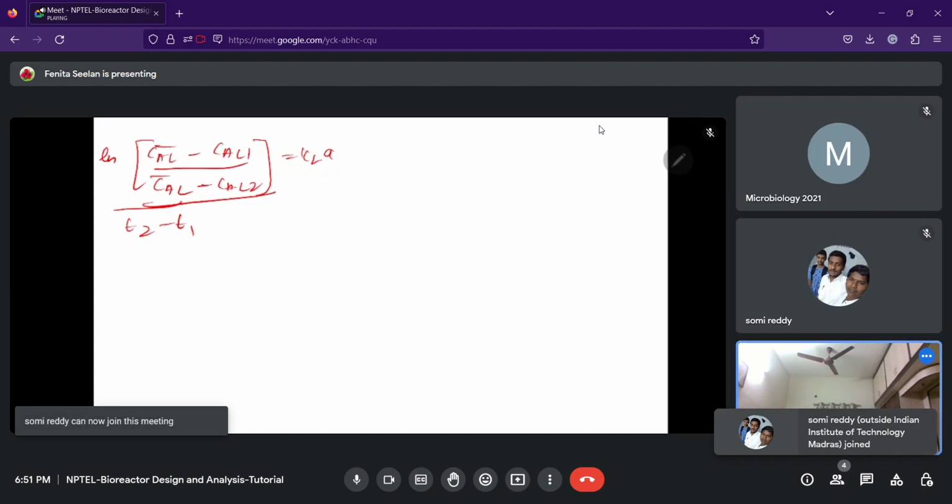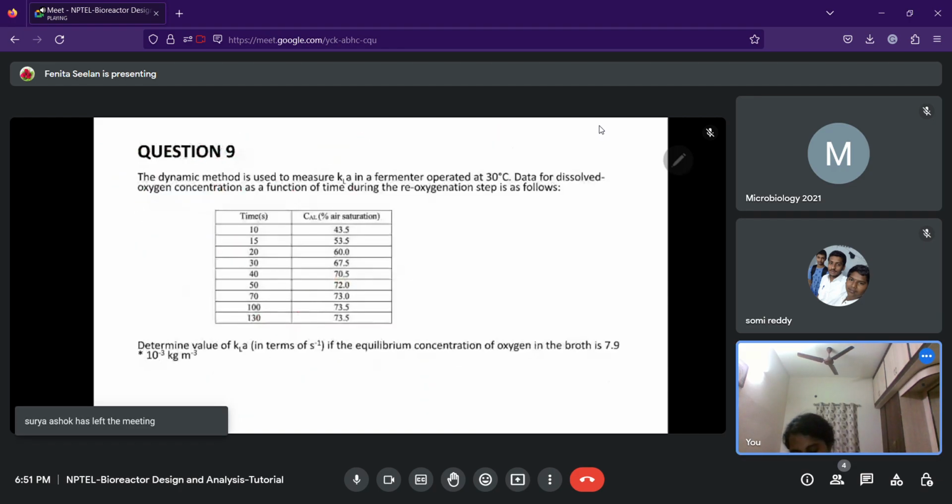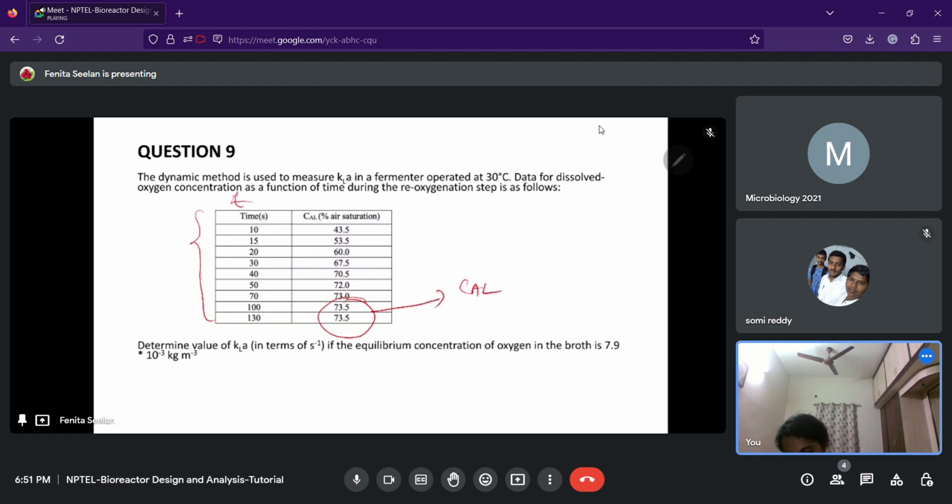So if we go back to the question, it has the time intervals. You have got the t values. Also, from this you can find when your air saturation has reached, and this value can be taken as your CAL part.